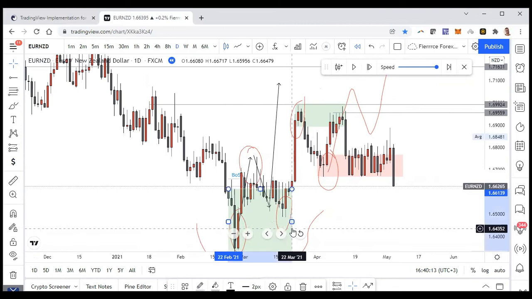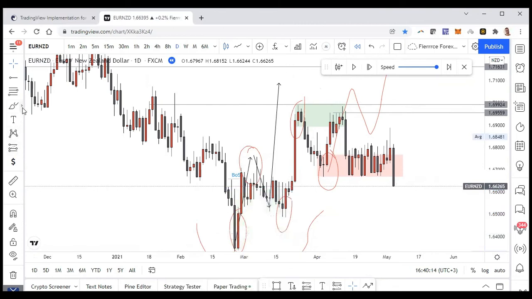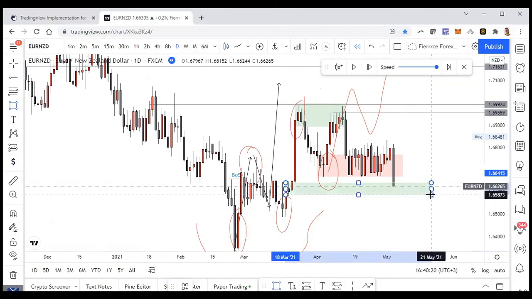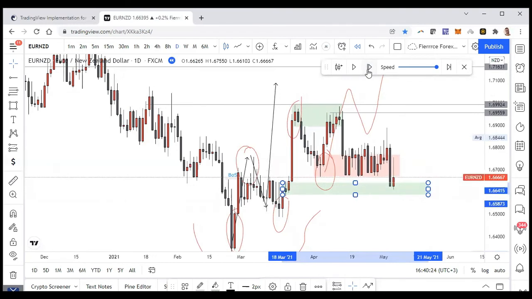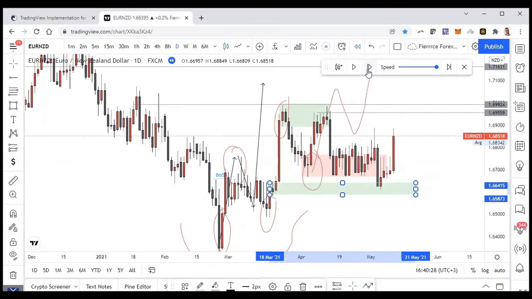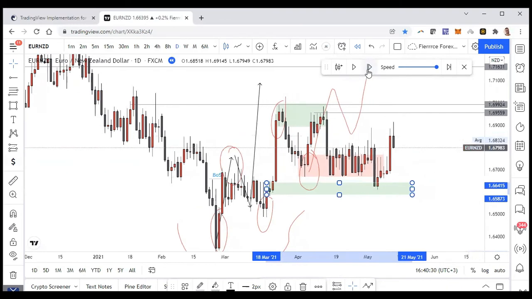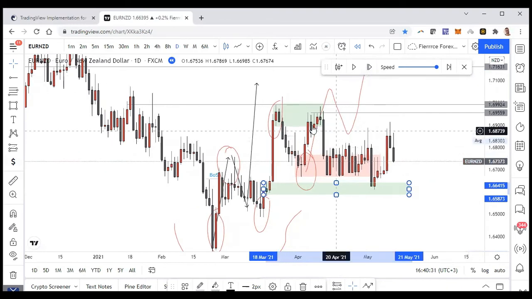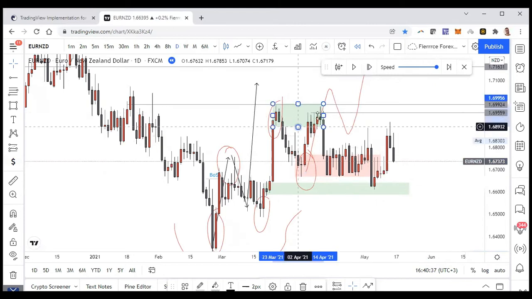Now, if I was to draw the correct demand zone, what we see is that this is the last down move before the up move, and it has come back there, and it has respected that zone, okay? And there was a last down move here, okay?